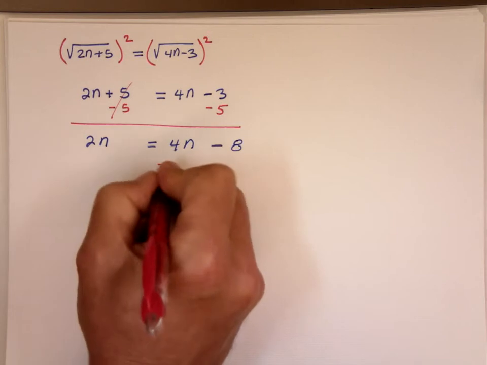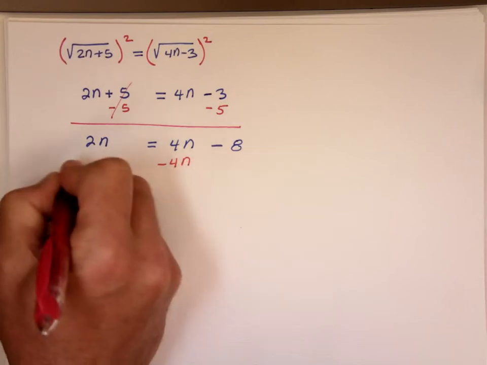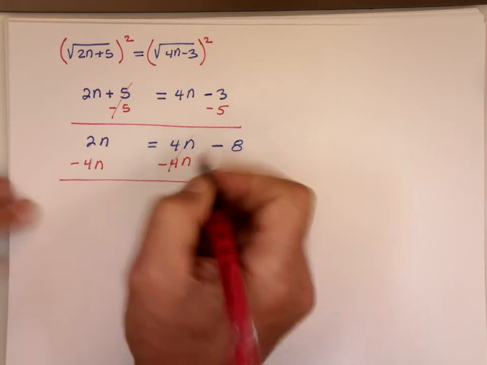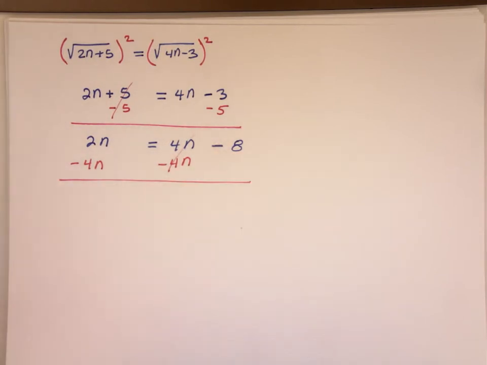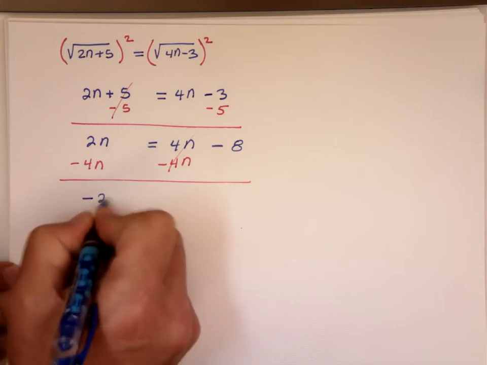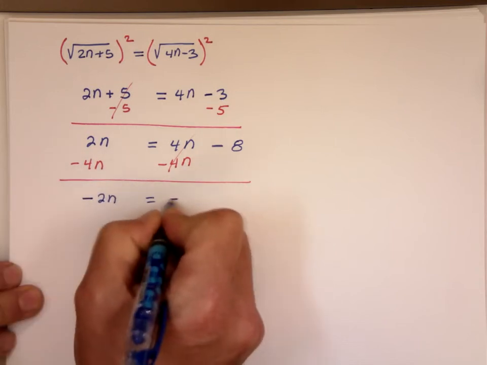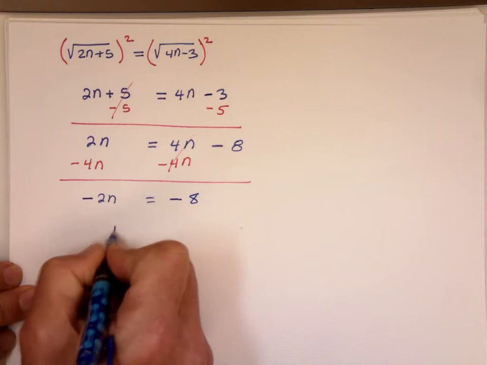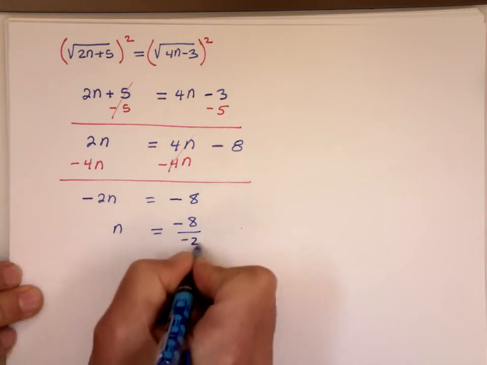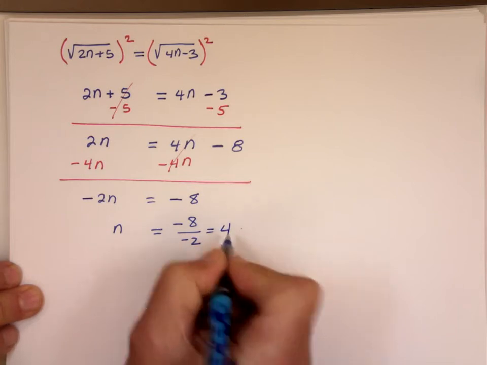Subtract 4n from each side. My goal is to put all the n's on one side, all the numbers on the opposite side. So that's what I'm trying to do. What is 2n minus 4n? Negative 2n equals negative 8. And to get n, we're going to divide both sides by negative 2, which is 4.